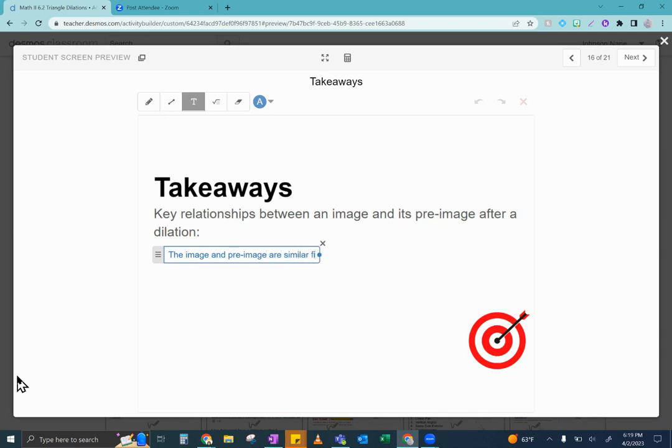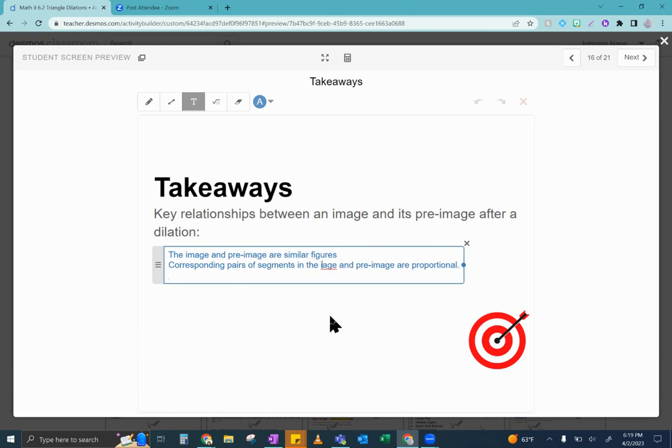They are similar figures. If you don't remember what similar means, it means they're in proportion to each other, right? The next one is corresponding pairs of segments in the image and pre-image are proportional.